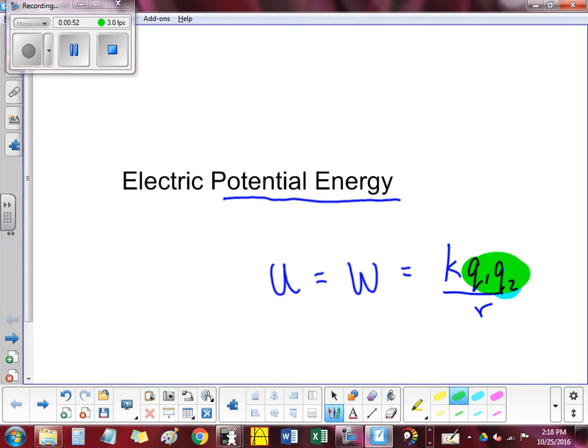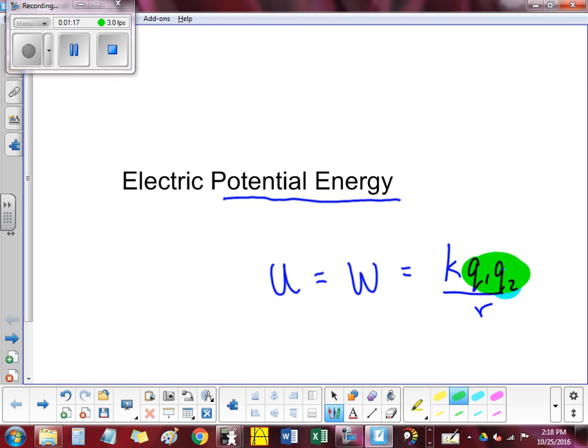This is different from kinetic energy, because kinetic energy is a property of one object, but in order to have potential energy, you really need a system of objects. You need a spring and a block, or two masses attracting, or two charges repelling, or something. But you do have to have a Q1 and a Q2.